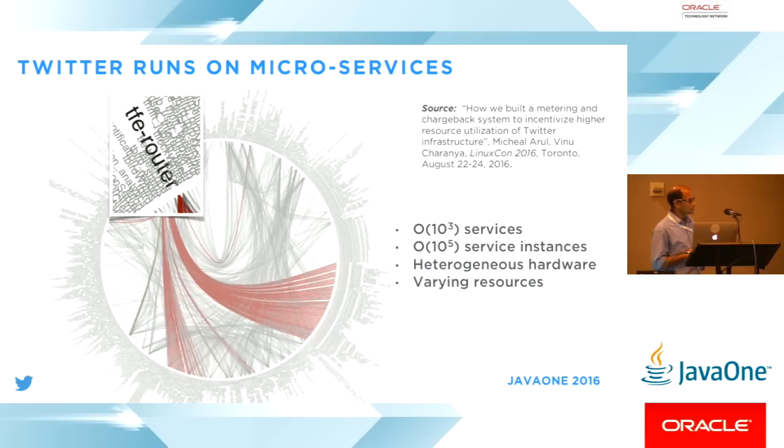These JVMs or processes are scheduled using Mesos into one of several data centers. These data centers might be made out of racks full of heterogeneous hardware. As you upgrade hardware, there's at any time a mix of different kinds of hardware in the system. And so any of these microservice instances might land on either old hardware running a slow CPU or a newer piece of hardware running a faster CPU.